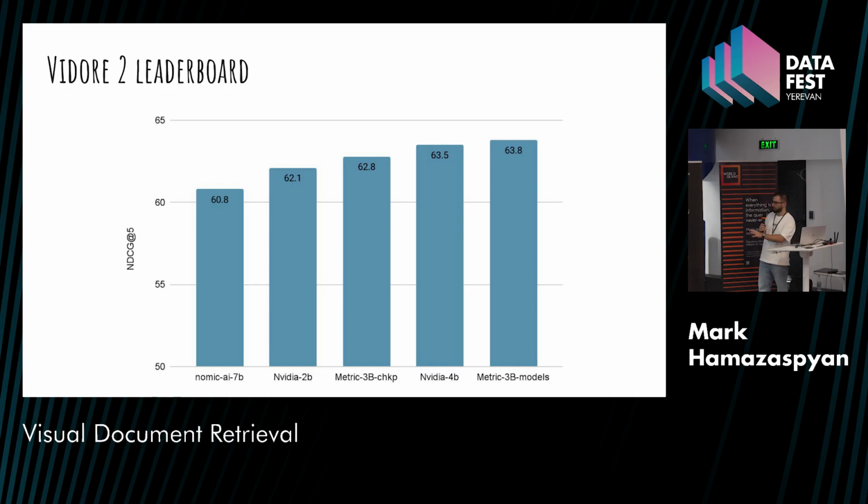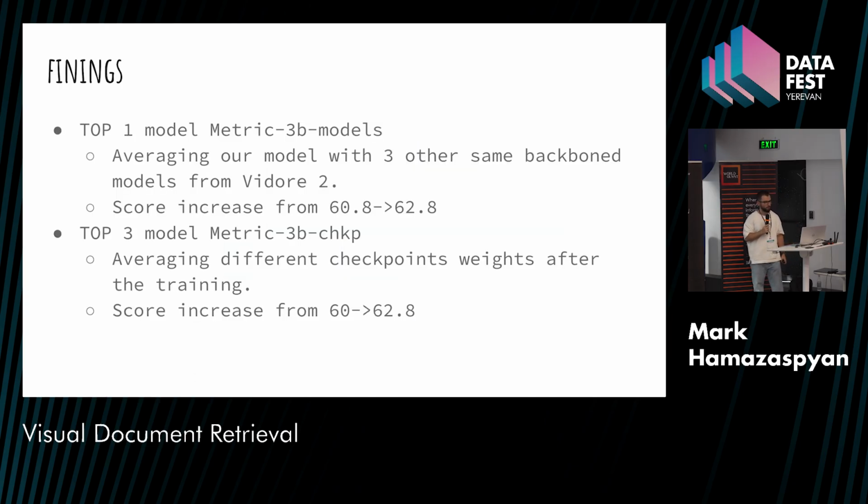There are other models like NVIDIA 4B, a Llama Nemotron retrieval model close to us, and other models. Let me talk about the findings, because you can see there are not only names but also a checkpoint and models attached to them. Let me explain what this means.